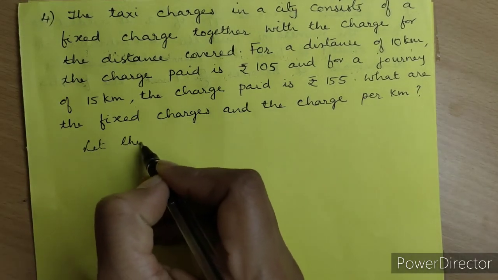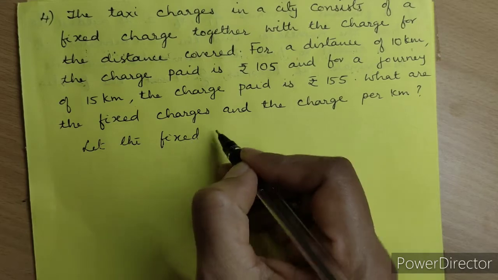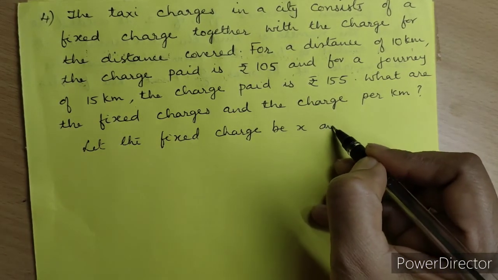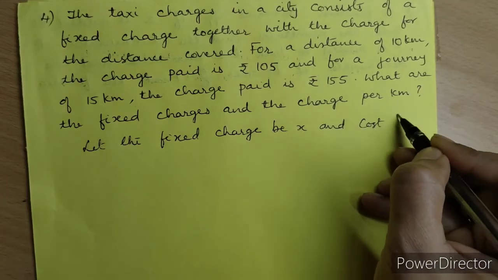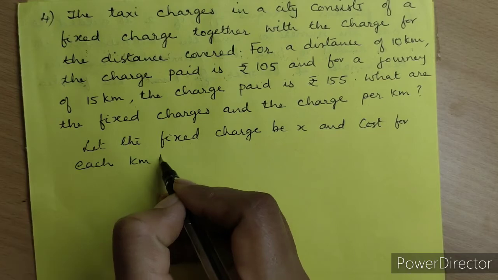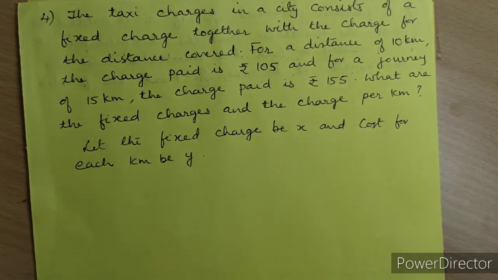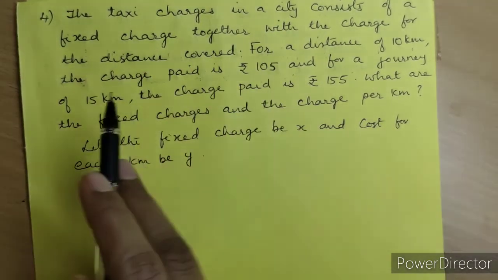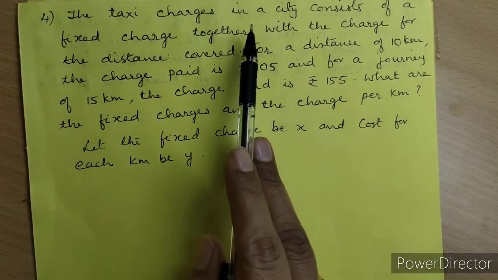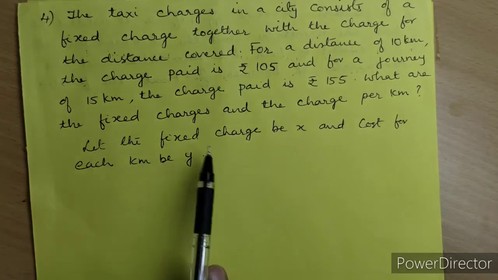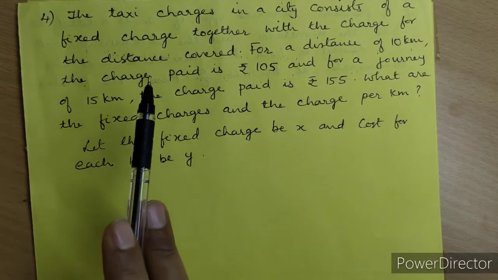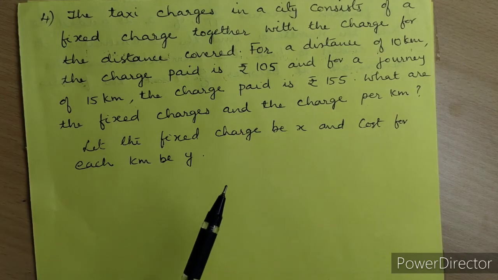Let the fixed charge be x and cost for each kilometer be y. Now take the statements. So together charge, fixed charge plus charge per kilometer, both you have to sum up together, then only the taxi charge will come.